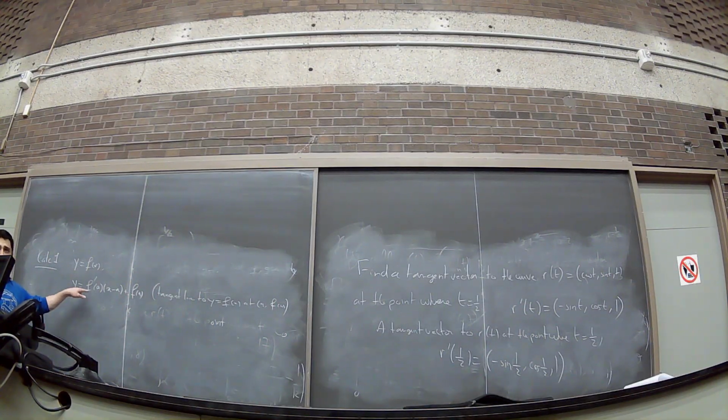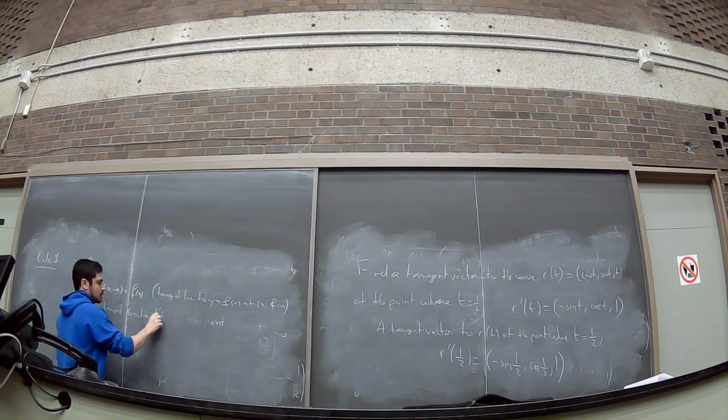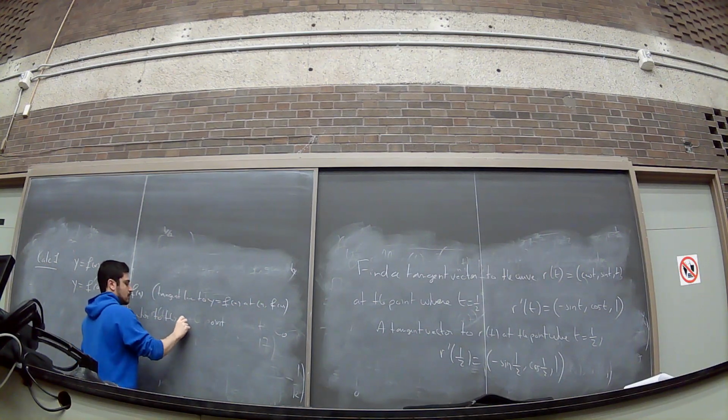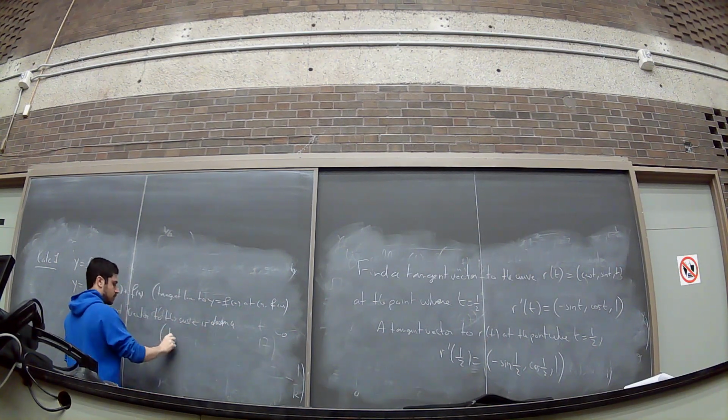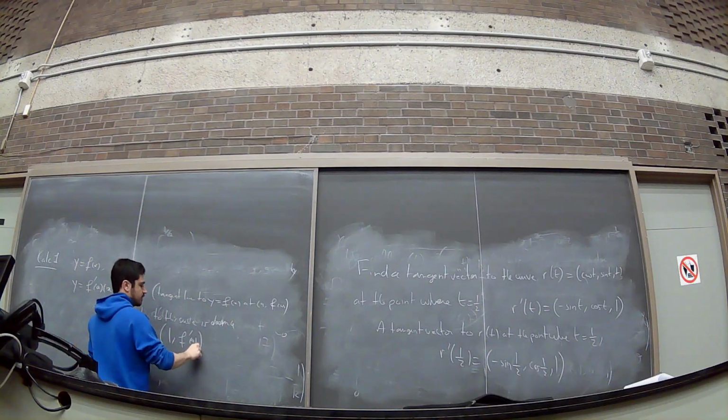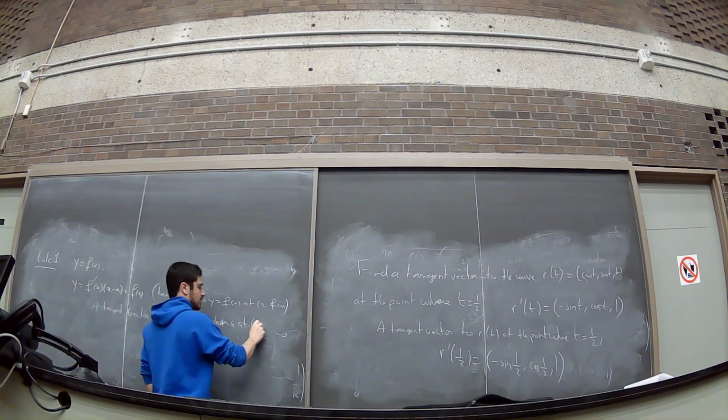The slope of the line is f prime of a, right? So the tangent vector for this curve at this point is (1, f prime of a). Do you agree? So a tangent vector for this curve at (a, f of a) is hence (1, f prime of a).